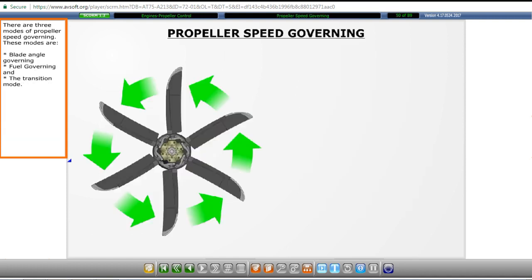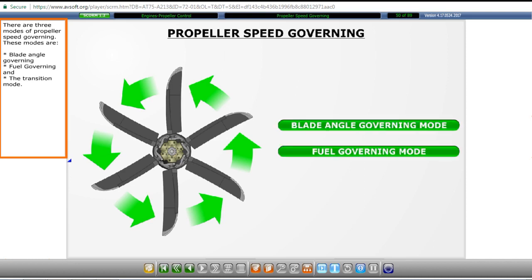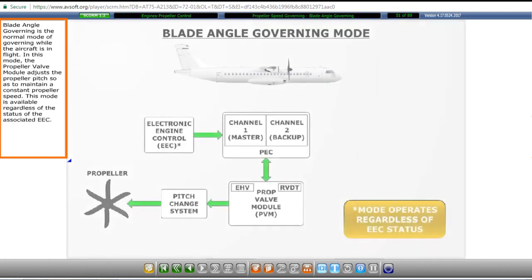There are 3 modes of propeller speed governing. These modes are blade angle governing, fuel governing, and the transition mode. Blade angle governing is the normal mode of governing while the aircraft is in flight.